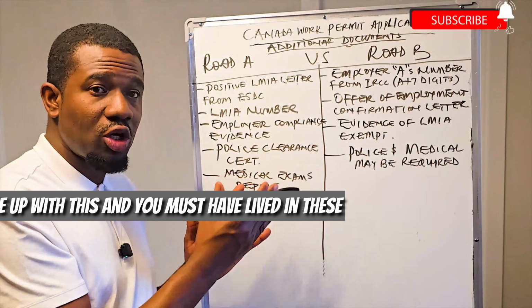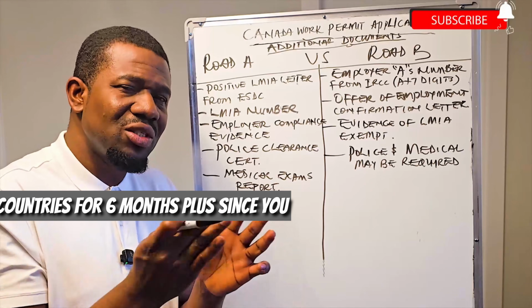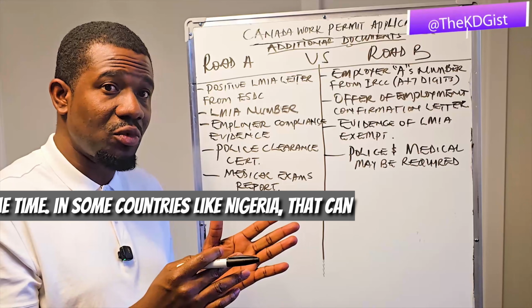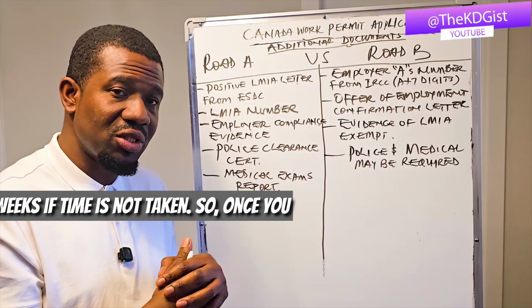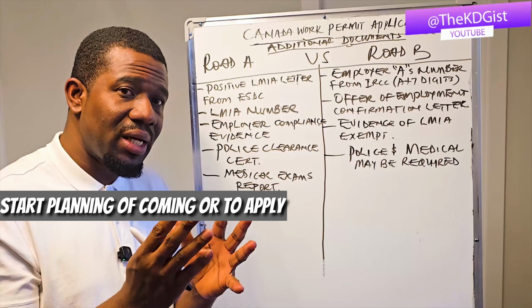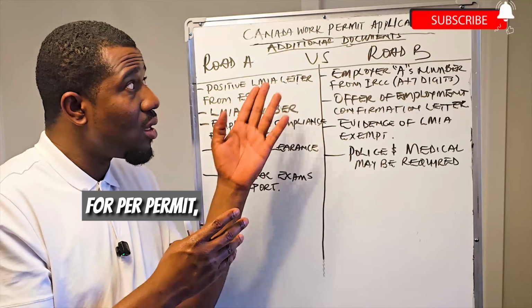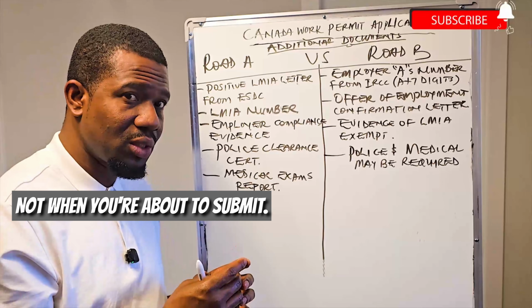And this can take some time. In some countries like Nigeria, it can take up to 8 weeks. So once you start planning to apply for a Canadian work permit, you should start applying for this, not when you're about to submit.